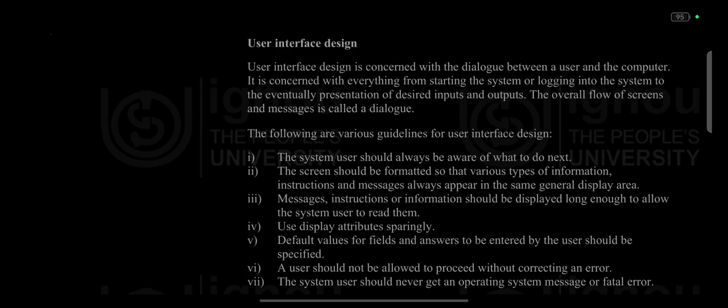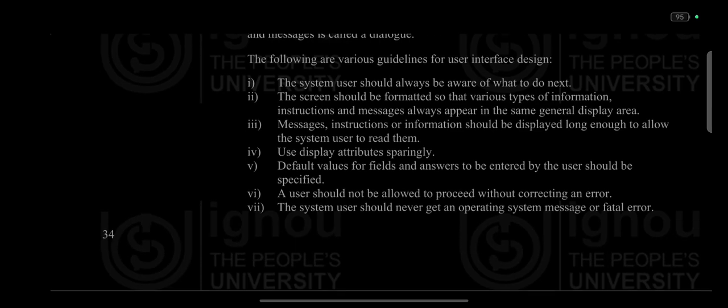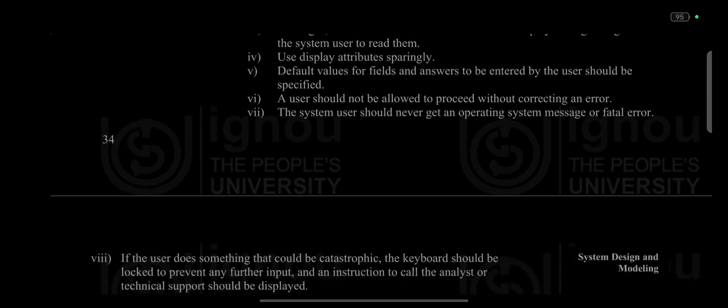Use display attributes sparingly. Default values for fields and answers to be entered by the user should be specified. A user should not be allowed to proceed without correcting an error. The system user should never get an operating system message of fatal error.